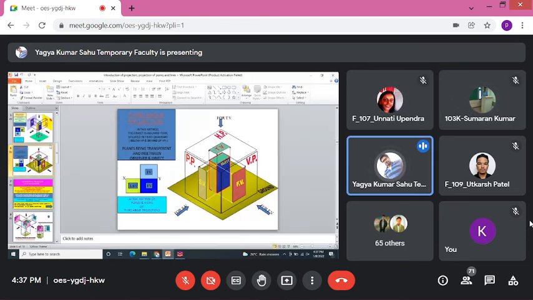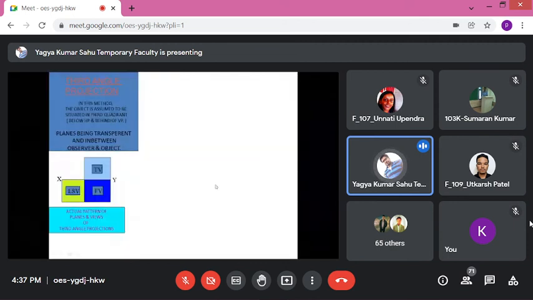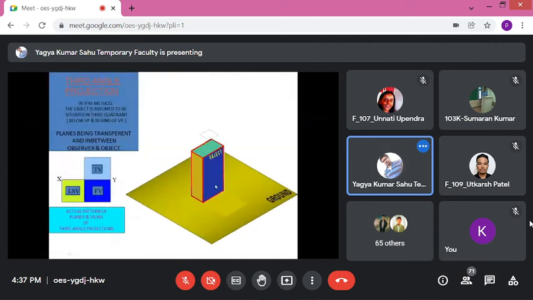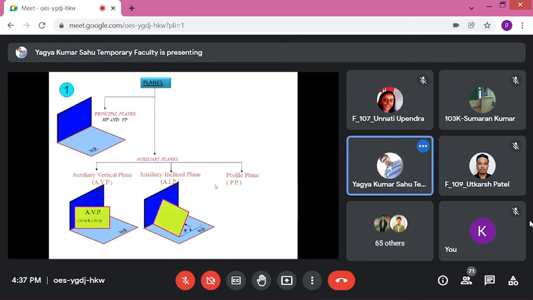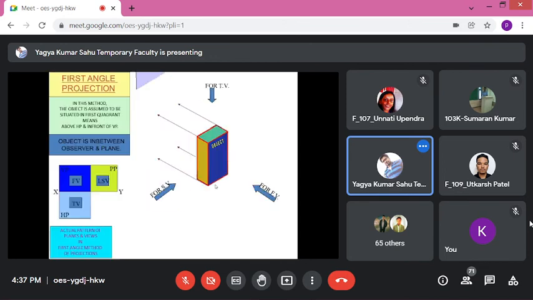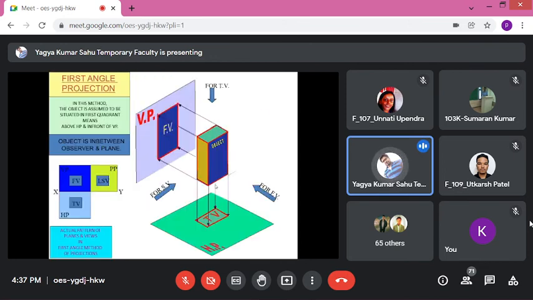Okay, so now we can see all the three things here in this image: front view, top view. First of all, for this one, first angle. So see the first angle. Here x1, y1 is not drawn.